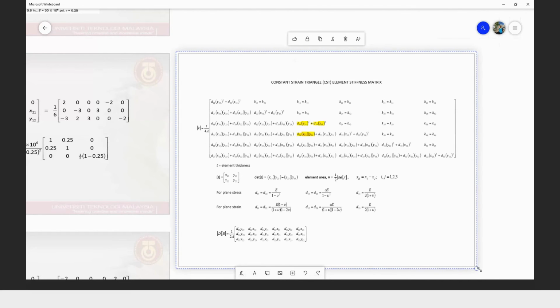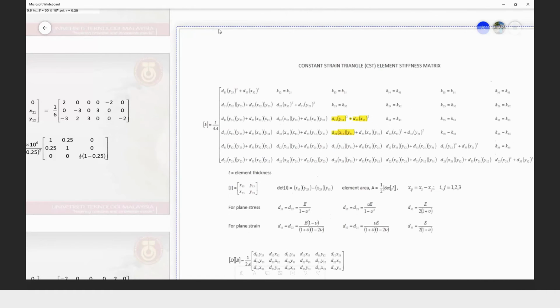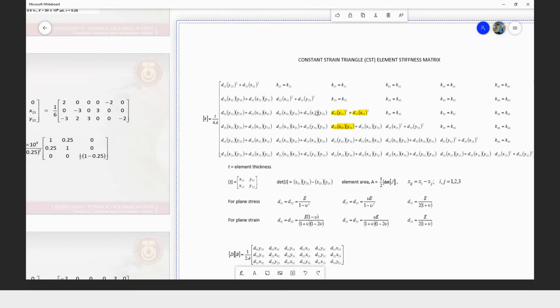Let me enlarge it a bit here so that you can see clearly what the document contains. The approach is very similar to the one we processed for the frame structures before.